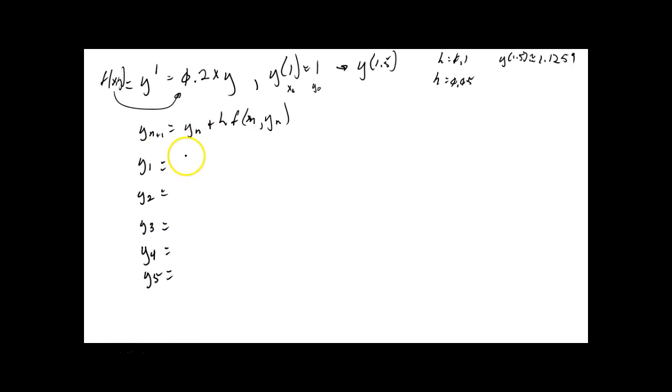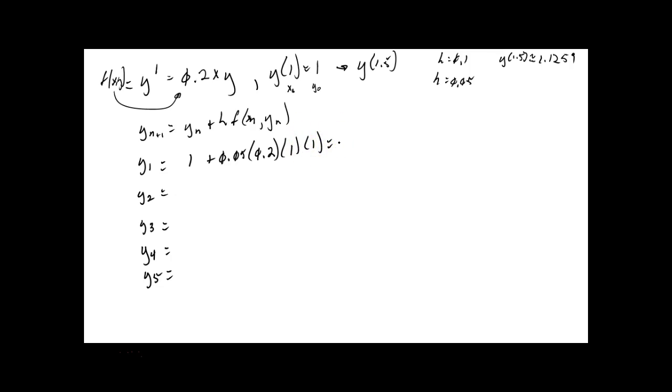that's going to be y0, which was 1, plus 0.05 times 0.2, that was from the problem, times 1, that's your x0 times y0, which is 1.